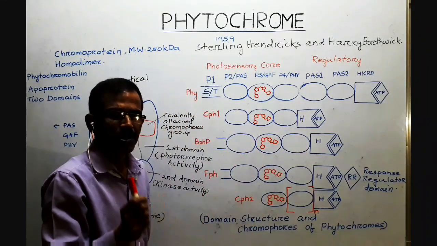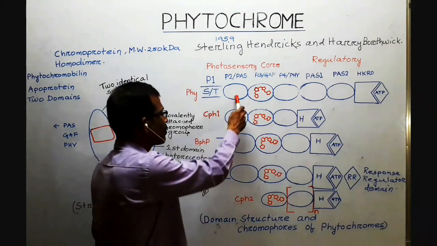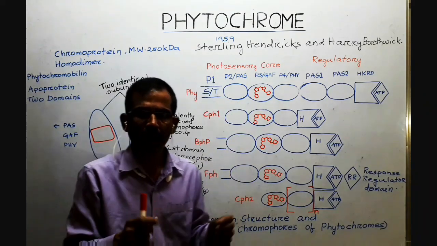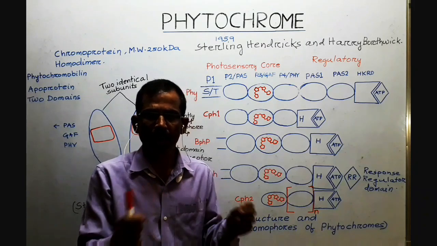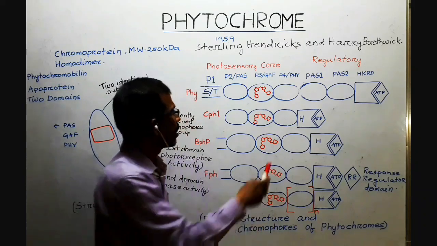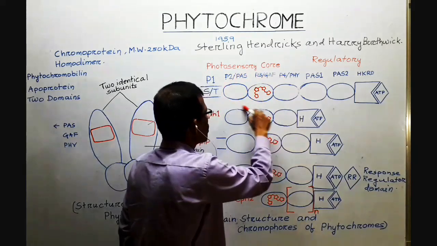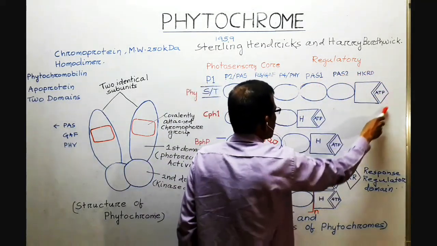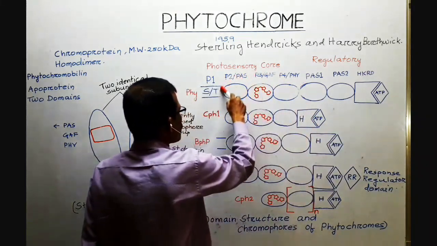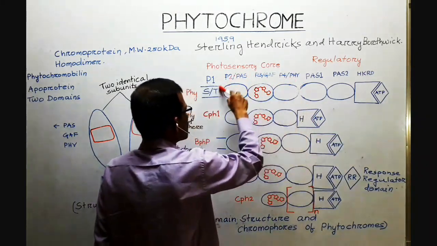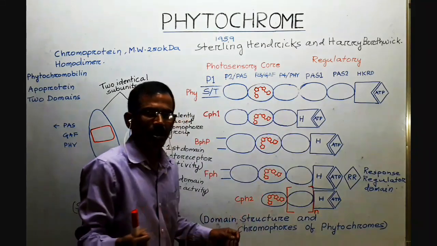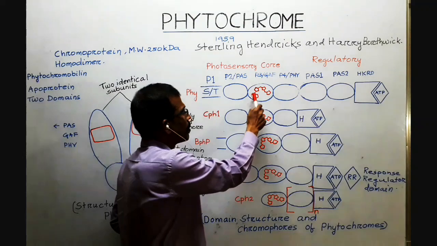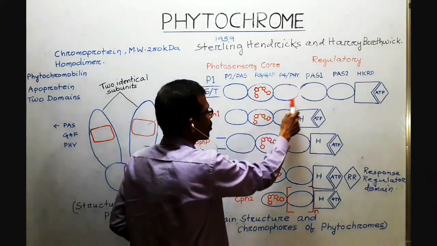Each subunit of these three classes of phytochromes shares a similar architecture consisting of an N-terminal photosensory region and a C-terminal regulatory region. The N-terminal photosensory region consists of three conserved domains. They are the P2 domain, P3 domain and P4 domain.